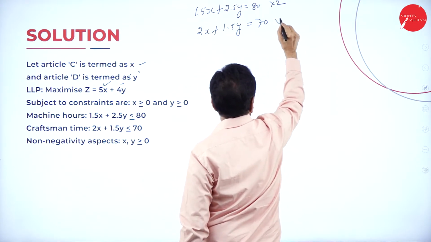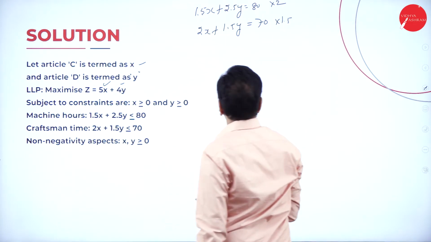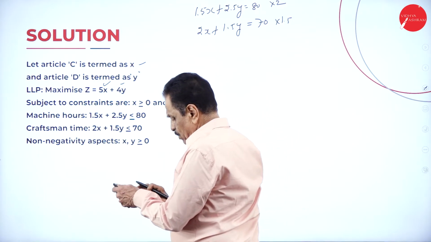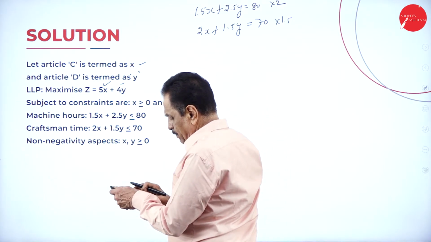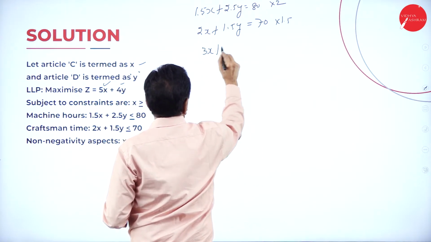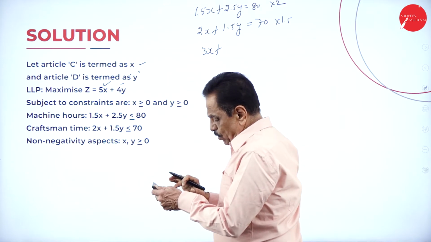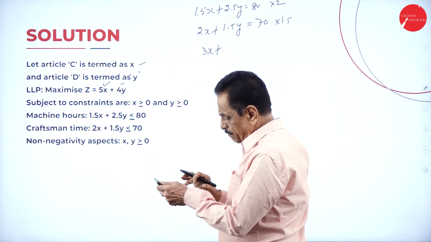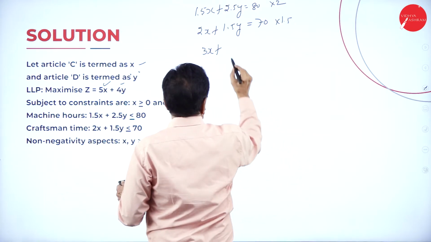This should be multiplied by 1.5. 2 into 1.5 is equal to 3x. 2 into 2.5 is 5y.